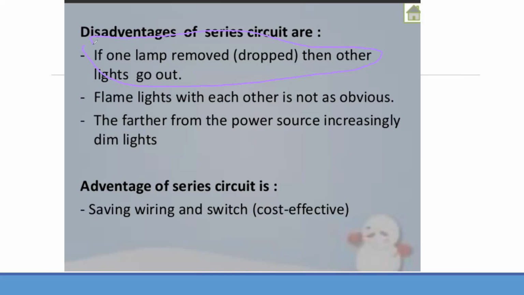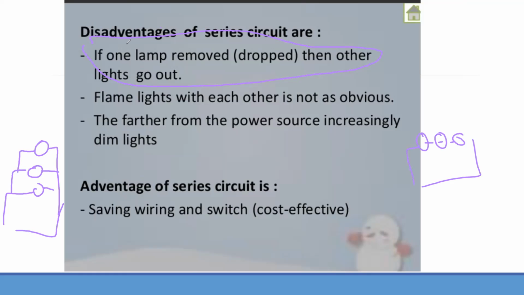But the advantage of the series circuit is that it's cost effective. Which one can save my money? If I have one wire and I connect the three lamps, or if I have three wires and I connect the three lamps, which one is the cost effective for me?